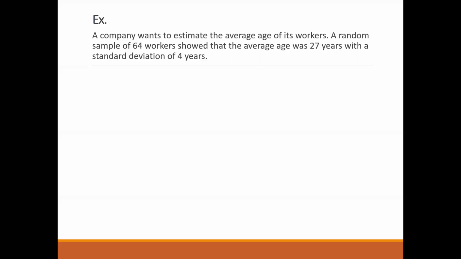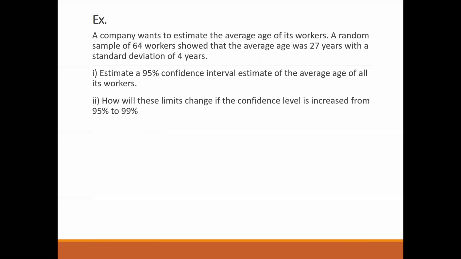Now, there are two questions which are asked under this. So we have to estimate at 95% confidence interval, the average age of all its workers. And in the second one, the question is, how will this limit change if the confidence level is increased from 95% to 99%?